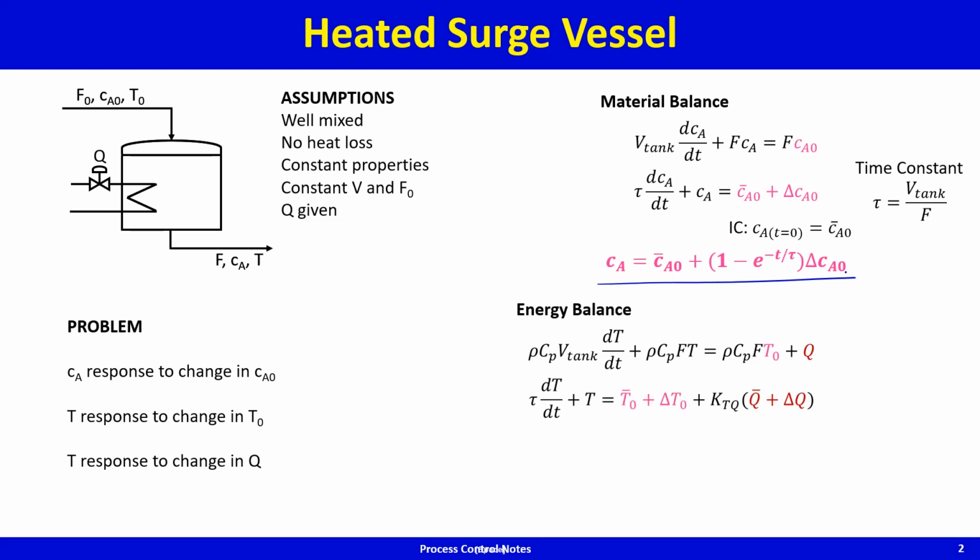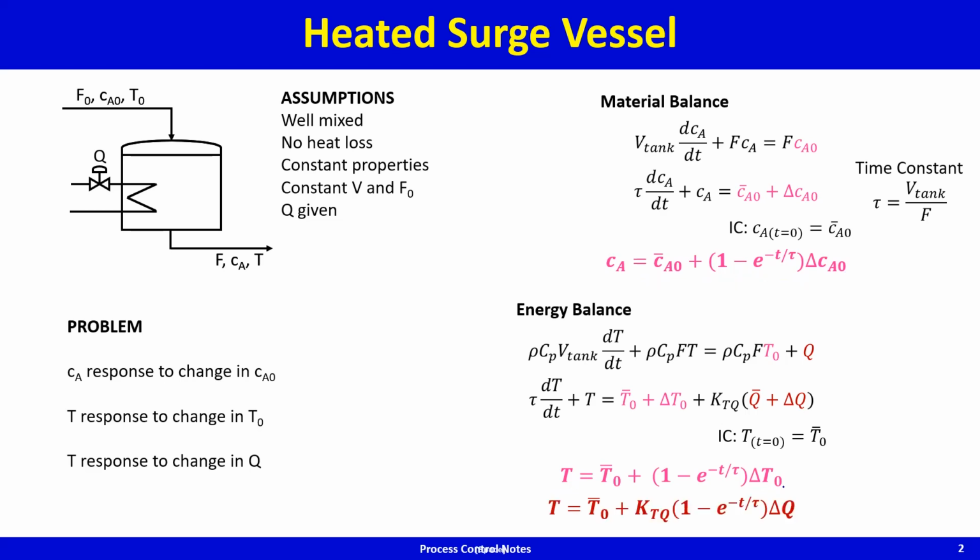We saw this, initial condition was this, and we had variation in T to a variation in T naught, and variation in T to a variation in Q. And what I also showed was that this K can be made K, and this guy can be made delta Q percent, where K is equal to K TQ times initial steady value of Q. So that's that. This is how you solve these equations.